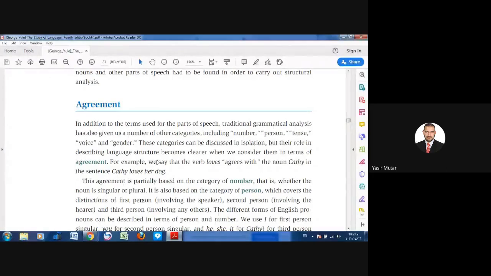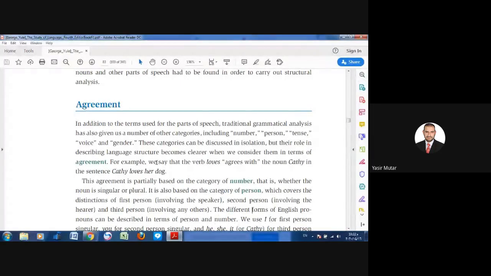It's not acceptable in English to say "a beautiful boy," but I have to say "a handsome boy." Though handsome and beautiful have the same meaning, one is used with the feminine and the other is used with the masculine.